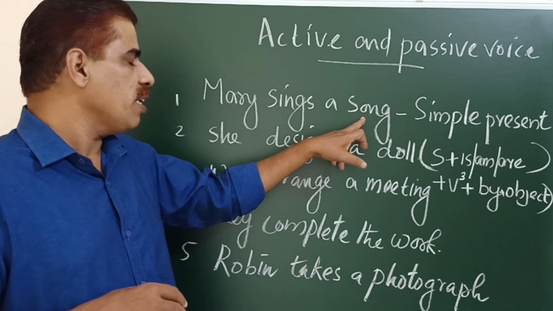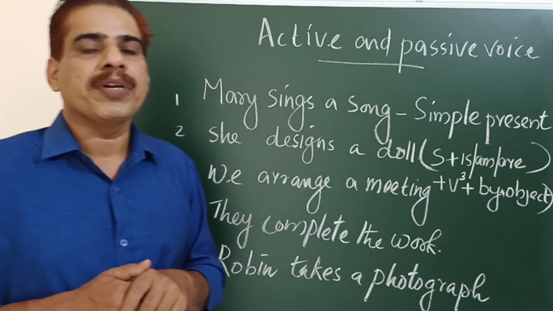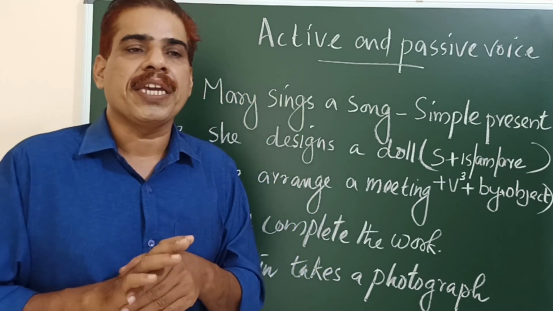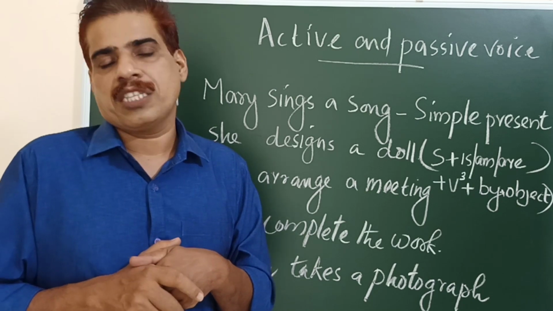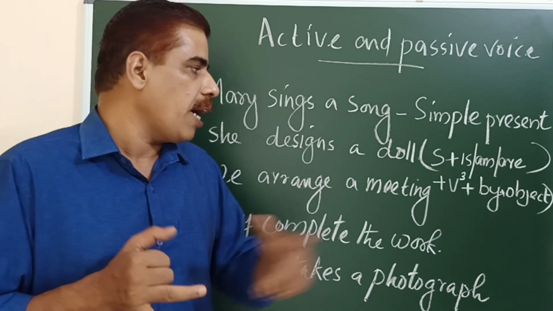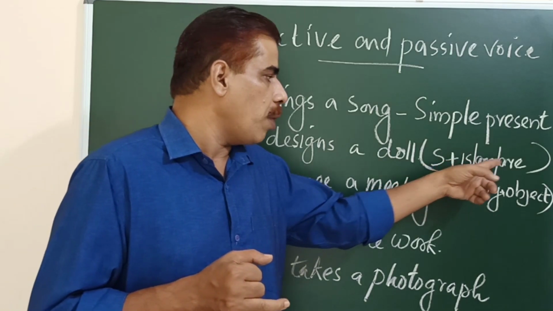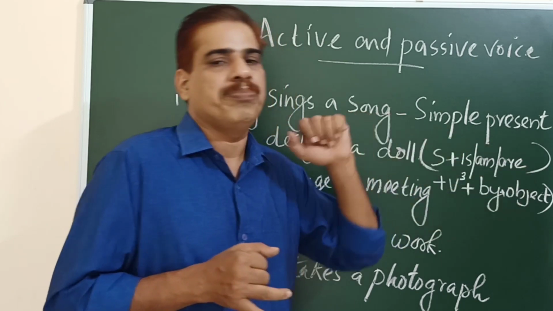Mary sings a song. How to write the answer? A song is sung by Mary, because all the verbs will be in V3 form, past participle form. Here we will have to use is, am, or are, plus V3, plus by, plus object.